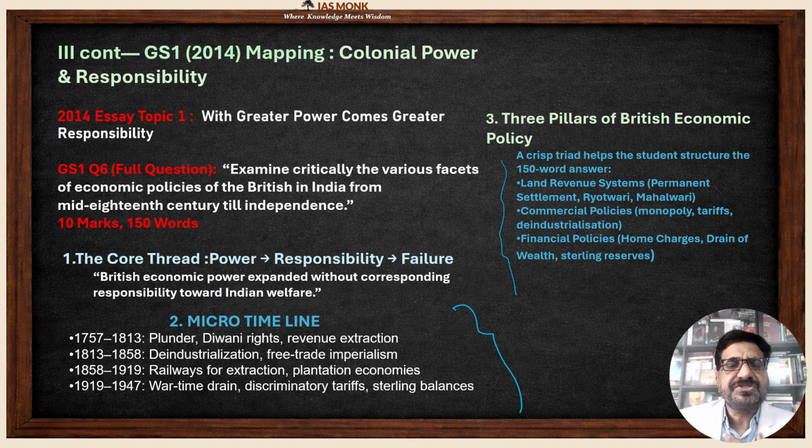The consequences of British economic policy were felt most sharply in agrarian society, where rigid revenue demands ignored the rhythms of Indian agriculture. Under Cornwallis, the Permanent Settlement introduced a harsh clause requiring zamindars to deposit revenue before sunset on a fixed date.